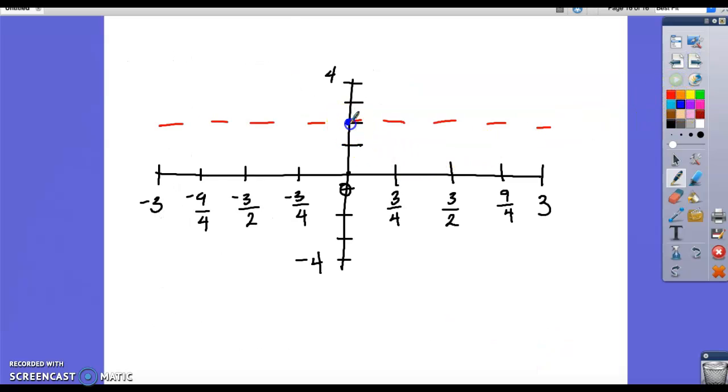If I start at 0, I'm going down to my min, up to my midline, up to the max, which is 1 unit above that midline, and back to the midline. So that function looks like this. And then the same thing in the negative direction. I'm at the midline, going up to the max, to the midline, down to the min, to the midline. And there is my sine function.